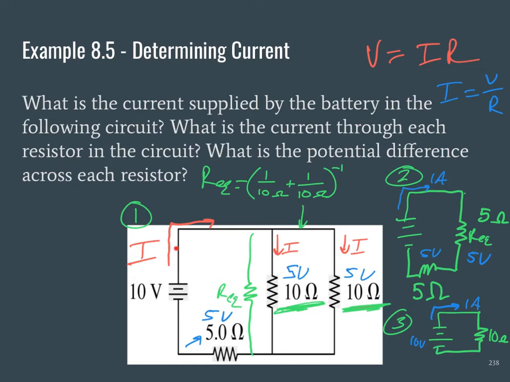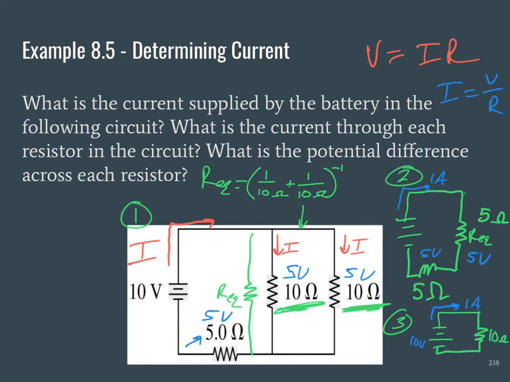No, it doesn't. Watch my laser. I've got 10 volts minus 5, minus 5 is 0 volts. Or I could do 10 volts minus 5 minus 5 is 0 volts. So that's how I analyze these complex circuits.